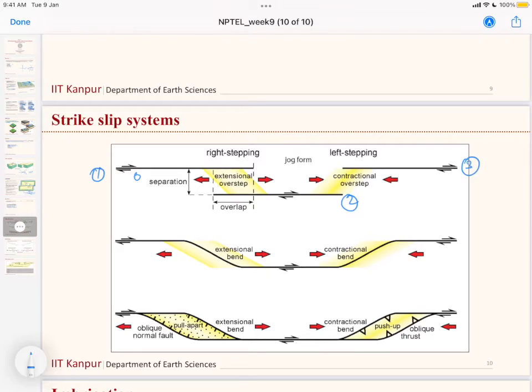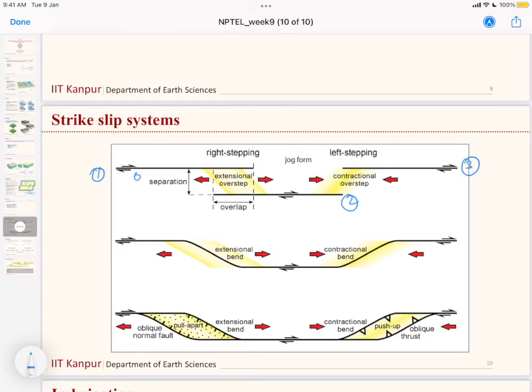It might be a bit difficult since we can't see the block, but I think you can imagine, correct? So all these three faults are dextral strike slip faults. Now we'll analyze the whole picture in a single frame.